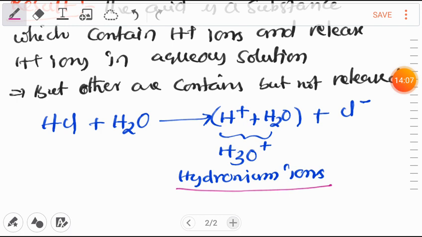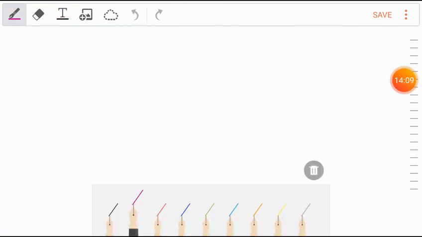So separately we will write: acids in aqueous solution release H plus ions.